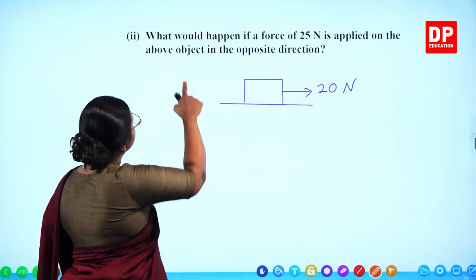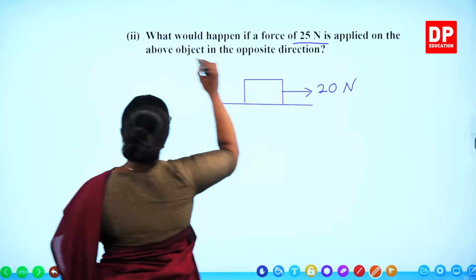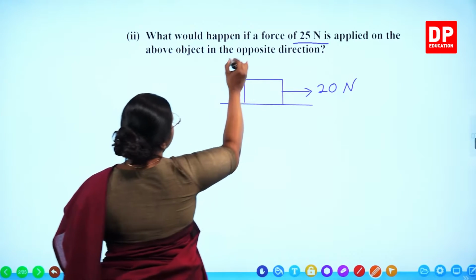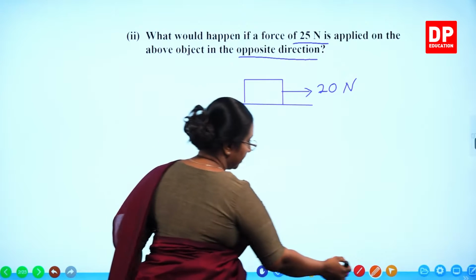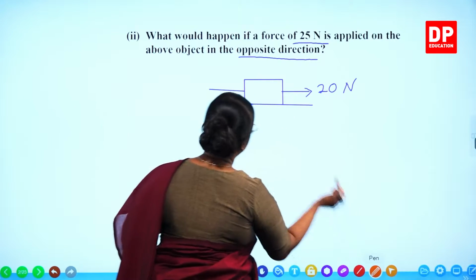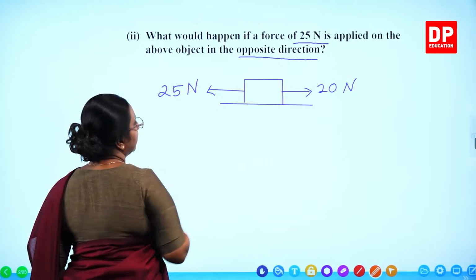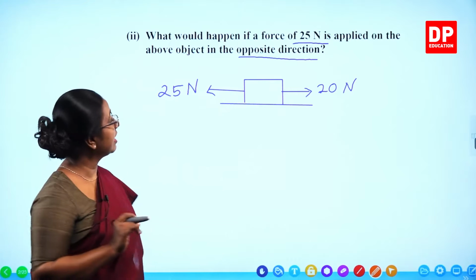Now they are saying what would happen if a force of 25 Newton is applied on the above object in the opposite direction. So if this force was 25 Newton. They want you to say what will happen.